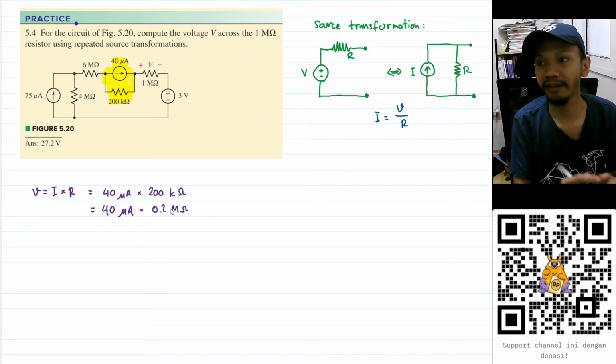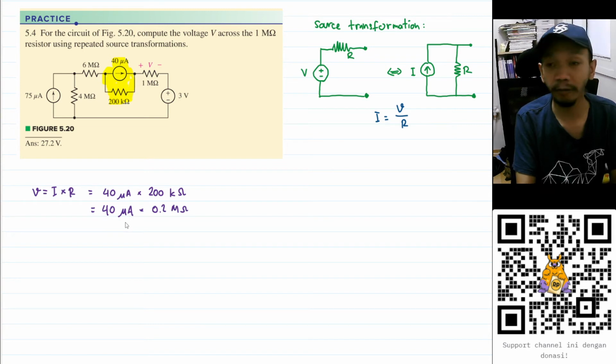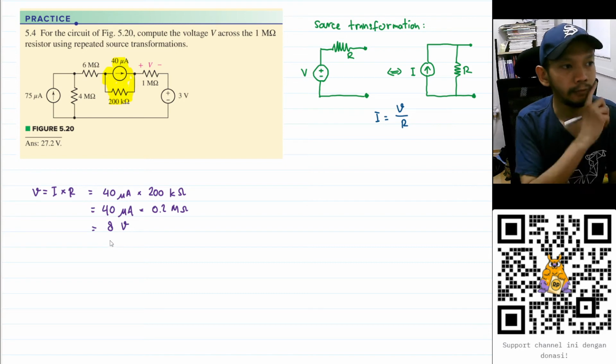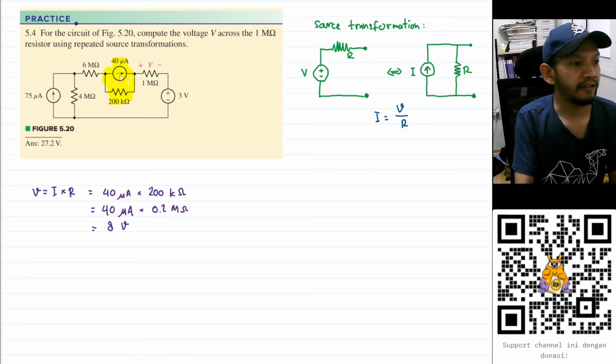Remember that mega is 10 to the 6, but micro is 10 to the negative 6, so they will cancel each other. And we will have 40 multiplied by 0.2, that will be 8 volt. So we can change this into 8 volt in series with 200 kilo ohm.